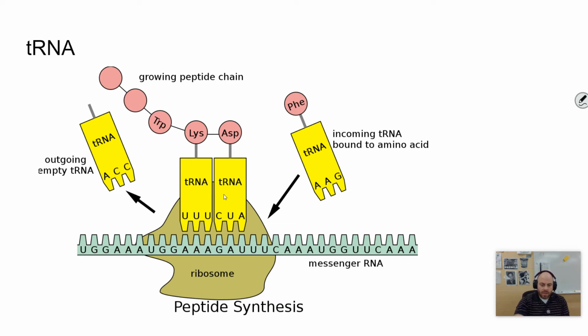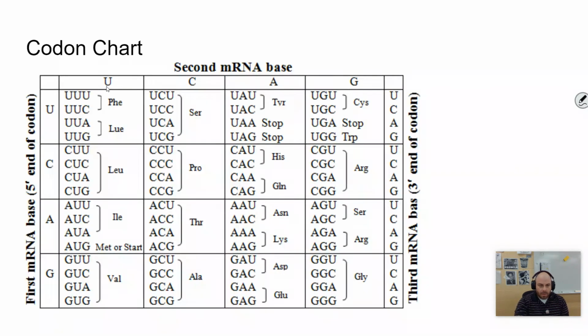How does it know its job? Well, it has this little section down here that matches up perfectly with GAU because it's CUA, which is the anticodon. It's the opposite of this codon. And so every time as that ribosome is moving along the messenger RNA, it's going to come to these 3-base units, and it's going to bring the appropriate amino acid with it, and this chain is going to get longer.